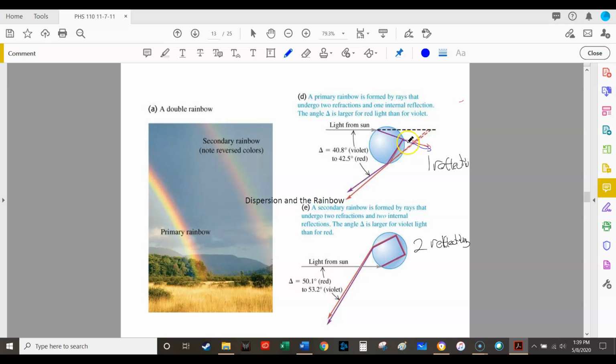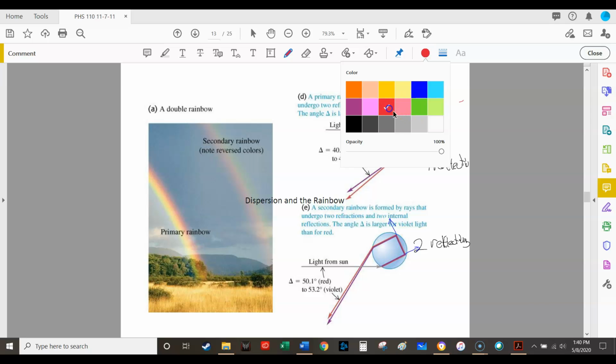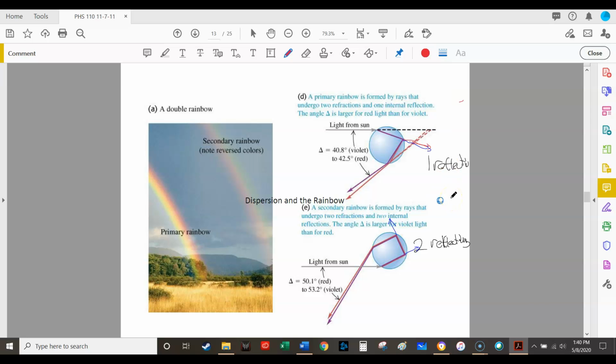It's partial internal reflection, I guess you could say. A little bit of that light is escaping here, and then a little bit more is escaping here. Since there are two reflections, each reflection lets a little bit of light escape. A little bit of red and blue escapes there, and a little bit escapes there, and that's why it's dimmer.